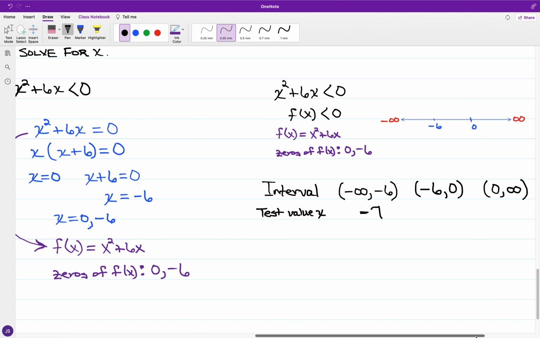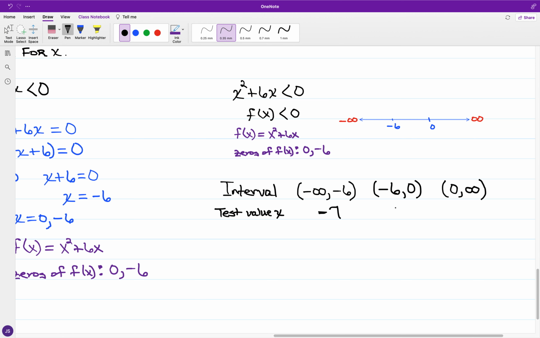Anything between negative 6 and 0, we'll say something like negative 3. And anything greater than 0, we'll just go with the number 1.